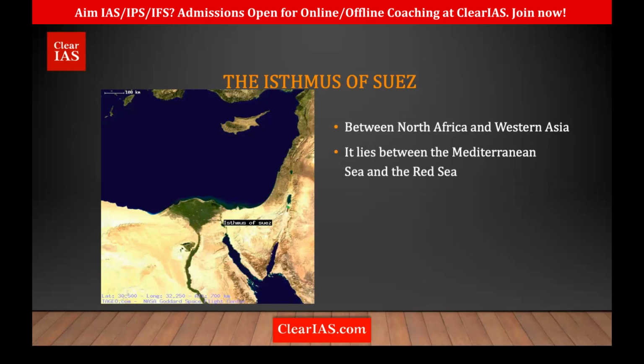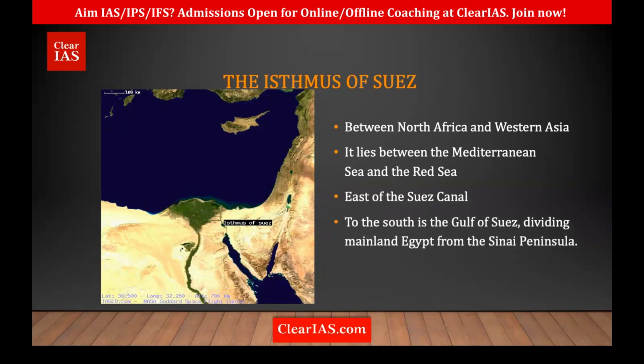Which seas does it divide? On one side we have the big Mediterranean Sea, and on the other side the small part of the Red Sea, which is in turn part of the Indian Ocean. This landmass is towards the east of the Suez Canal.